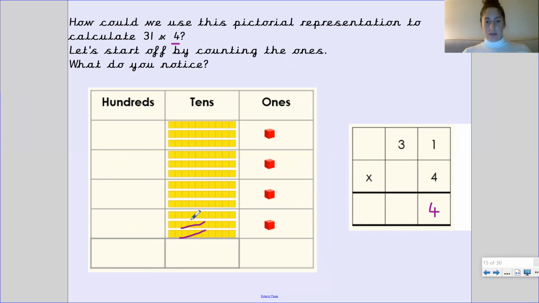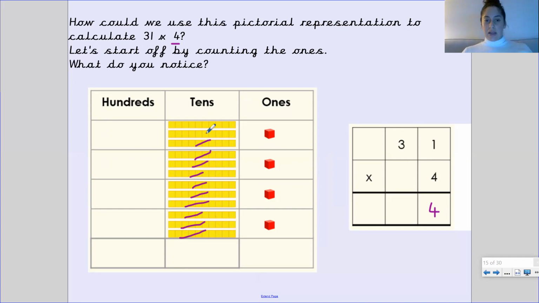10, 20, 30, 40, 50, 60, 70, 80, 90, 100. Make sure you don't confuse 90 and 19. After 90 comes 100.